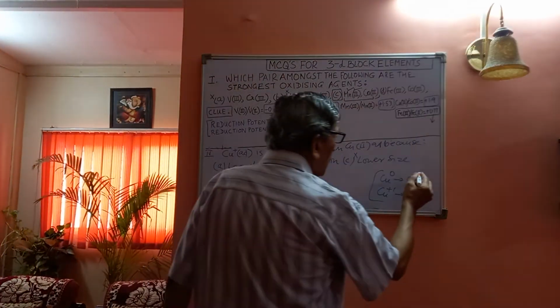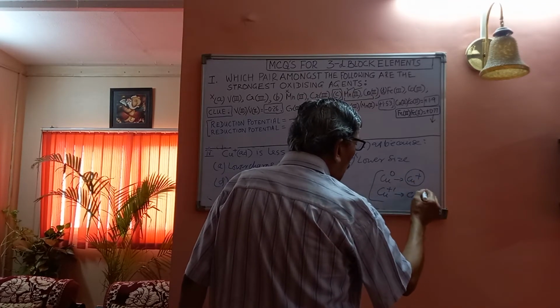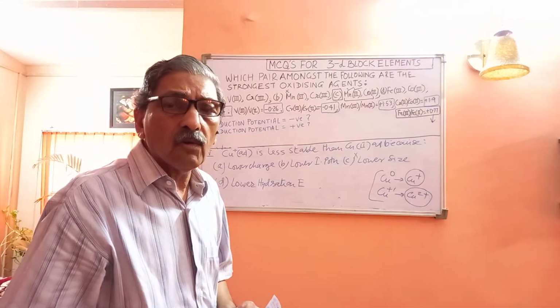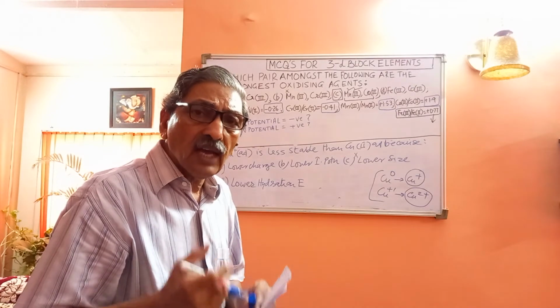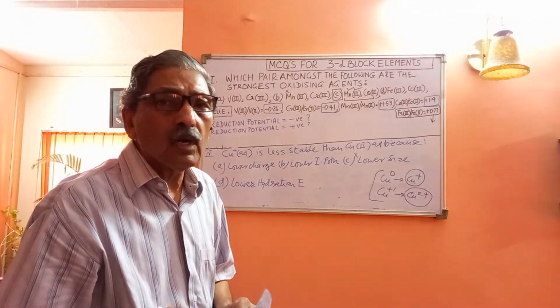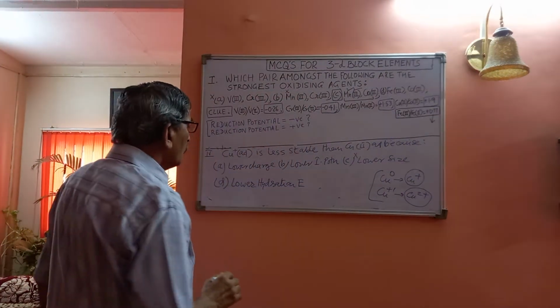Copper plus will have a larger size than copper 2 plus, because in copper 2 plus you have removed the second electron, and therefore the size of the copper 2 plus will be much smaller than the size of copper plus. So this we can immediately remove.